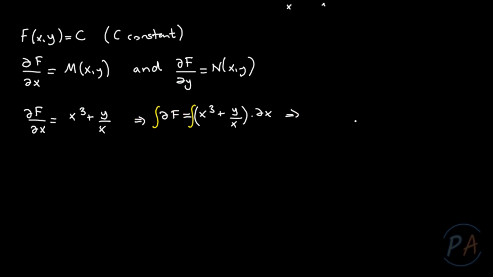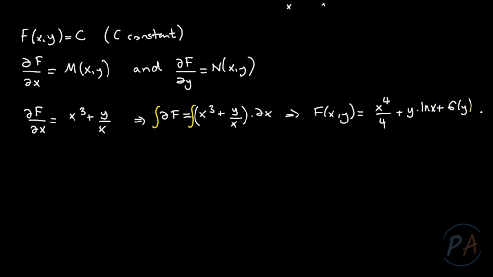the left hand side is going to be f of x y, equal to the integral of the right hand side with respect to x, which is x to the power 4 over 4 plus y times ln of x plus, I put a generic function here, g of y.